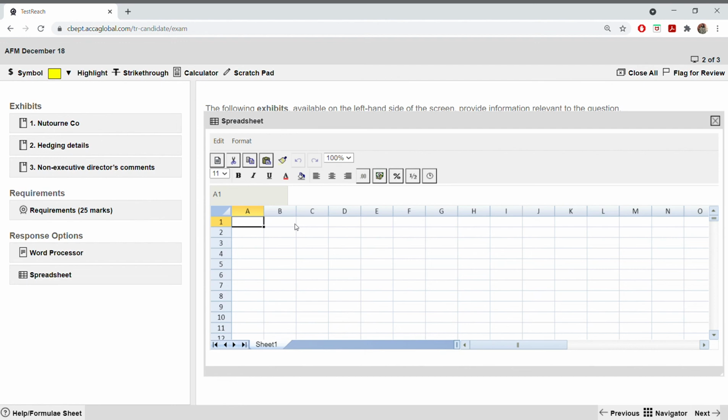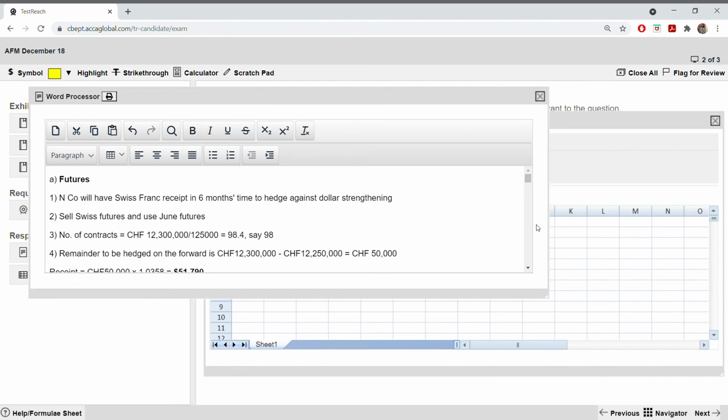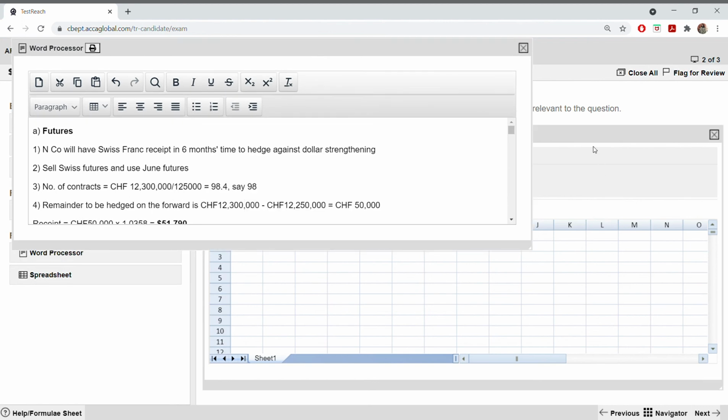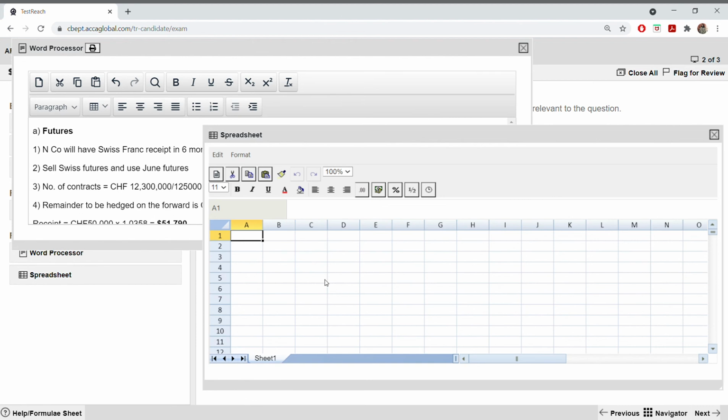So let us do a small thing. I'm not going to do the whole calculation because already it's going to be close to 2 hours. Let's say the calculation part. You can just write something like number of contracts.